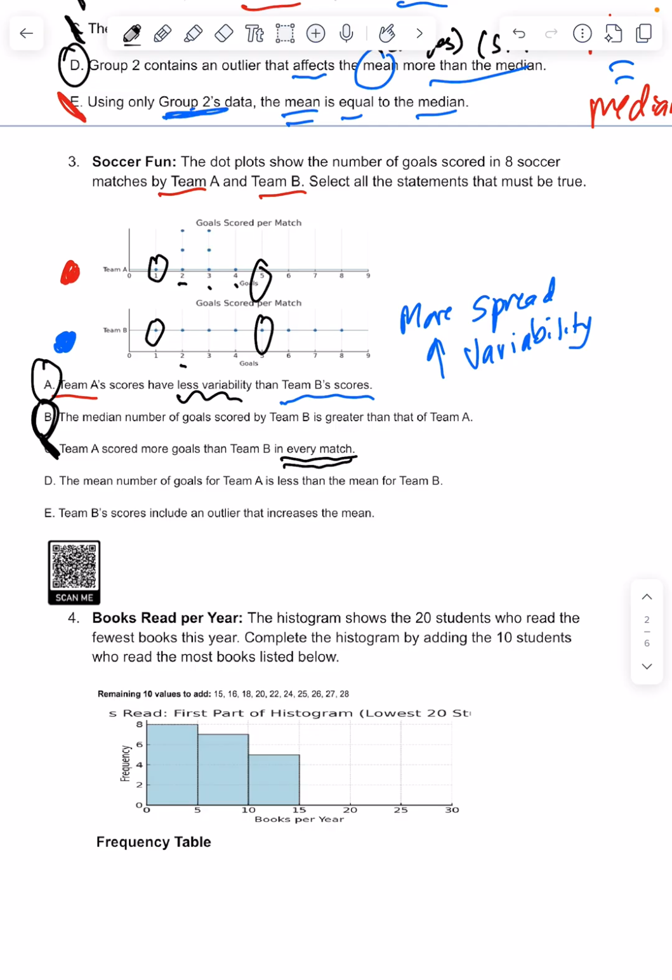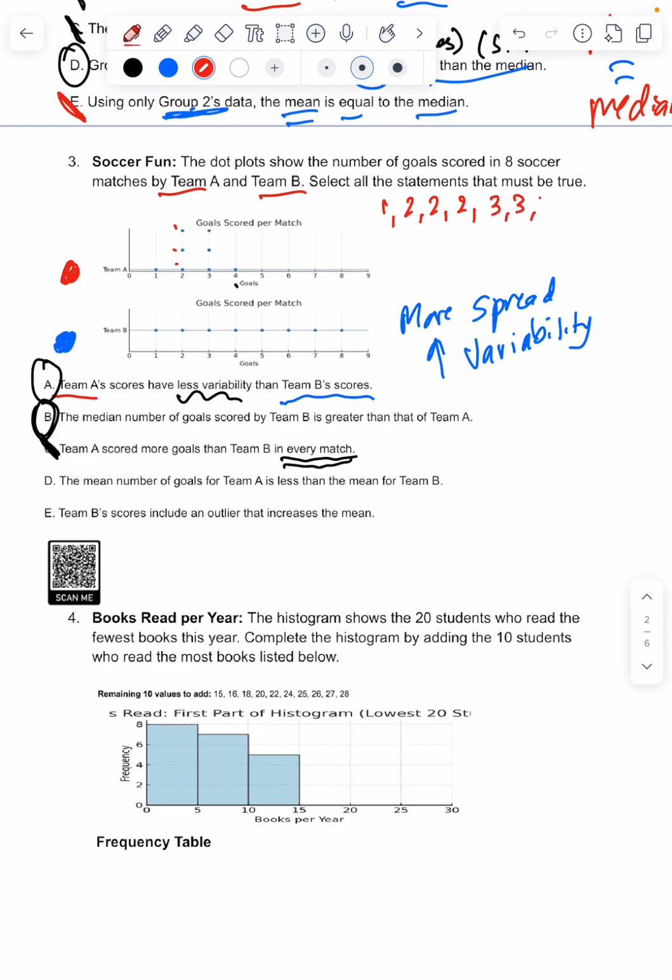And then it says the mean number of goals for Team A is less than for Team B, right? So in this case, what I recommend if you can't see it visually is that you write down the values for each of the dot plots. So in this case, it's red. I'm looking at 1, 1, 1, 2, 1, 2, 3, 2. So 1, 1, 2, 3. And then 3, 3. So 1, 2, 3.